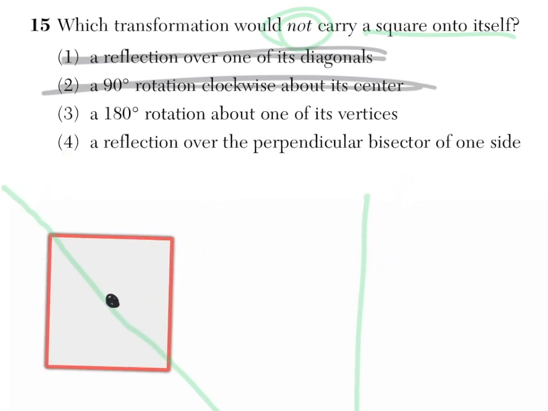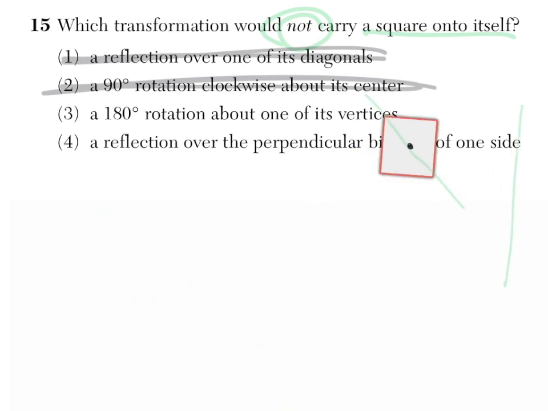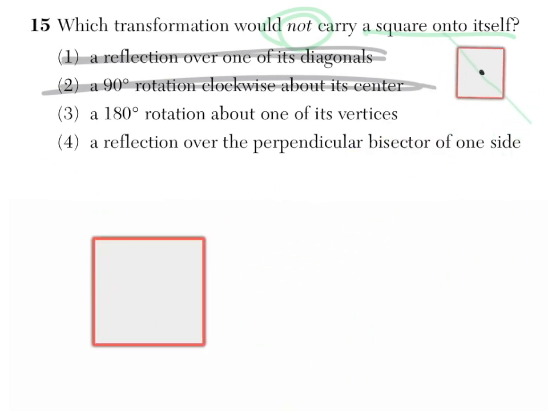It says 180-degree rotation about one of its vertices. We'll create a new square, and it's going to be rotating around one of its vertices. Let's pretend that vertex is the upper right-hand one, and it's going to be rotating 180 degrees. And what we're going to do is copy this.